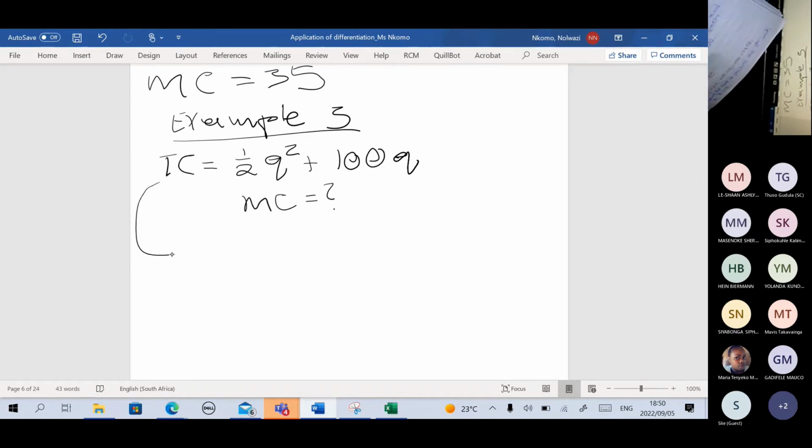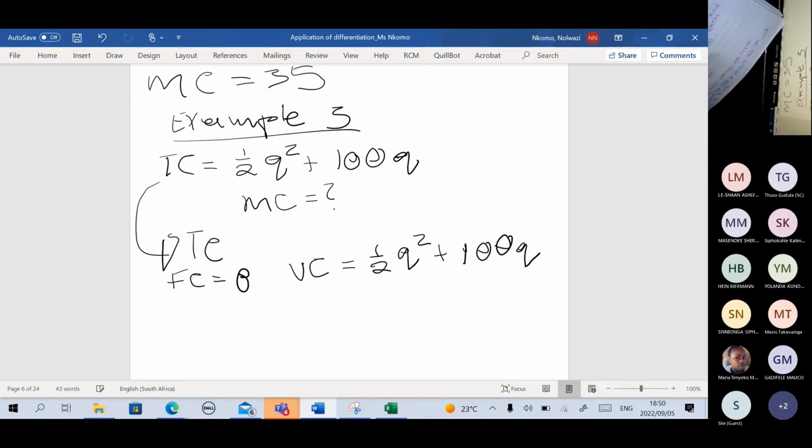If we look at this total cost, you can tell that the fixed cost is equal to 0 in this case, and the variable cost is equal to 1/2 Q squared plus 100Q.